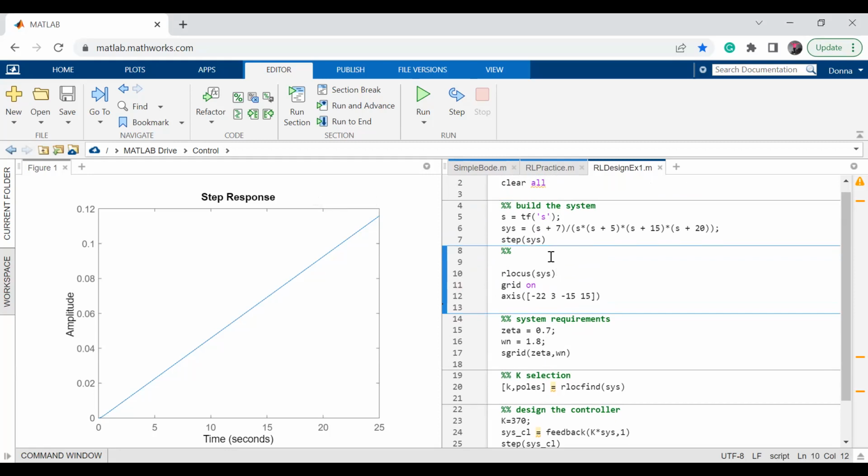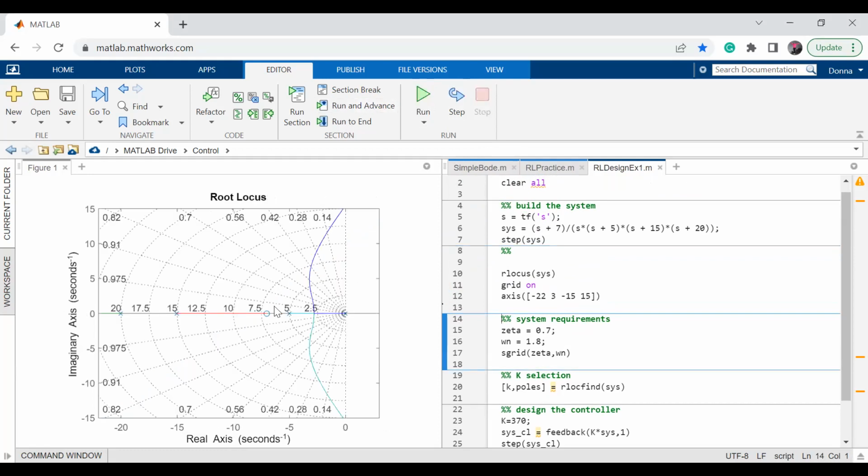Now let's look at the root locus of the system. So I'm going to put it in here.